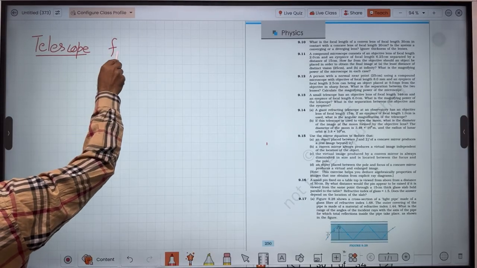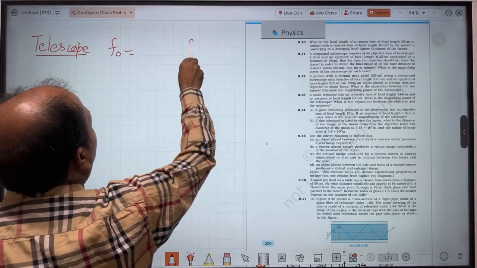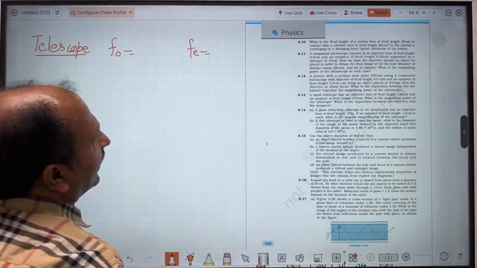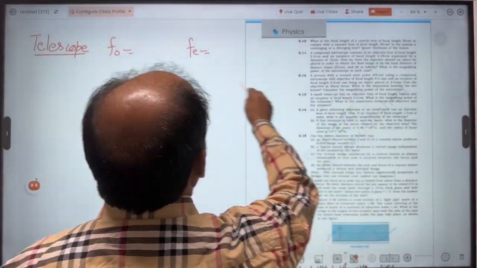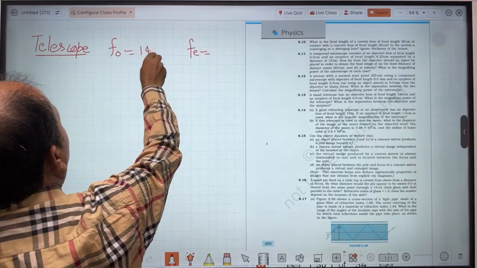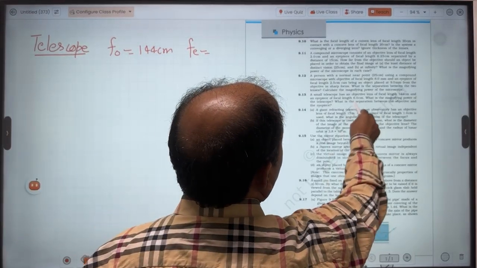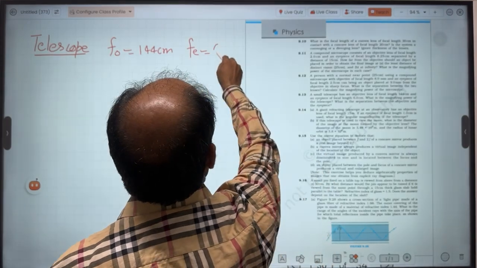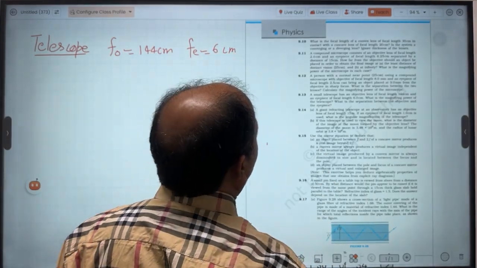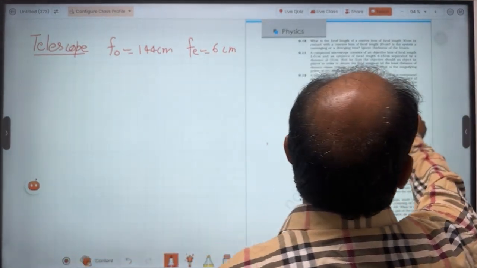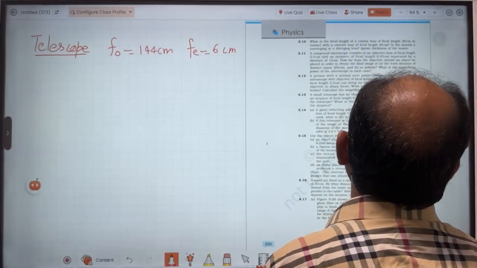Here f objective is given, f eyepiece is given. F objective is given as 144 cm and f eyepiece is given just 6 centimeter, right? And what is magnifying power of the telescope? We have to find out.